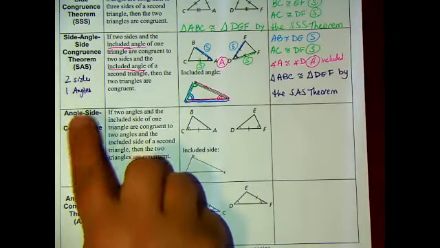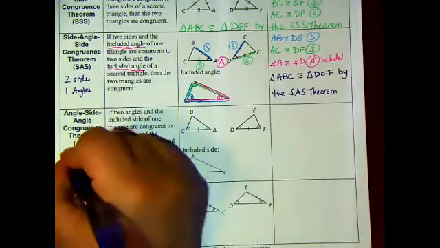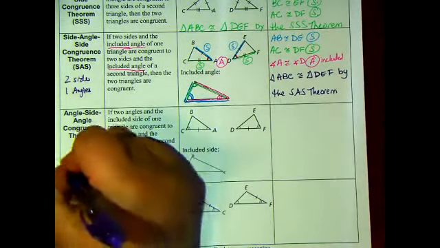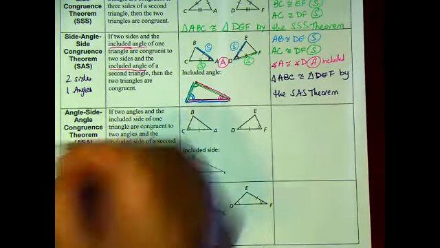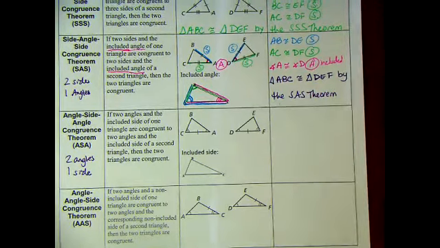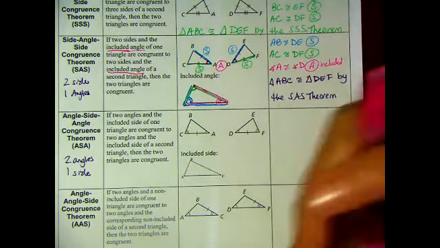With angle side angle, we now have two angle pairs and one side pair, but the side has to be the side that's between the two angles.